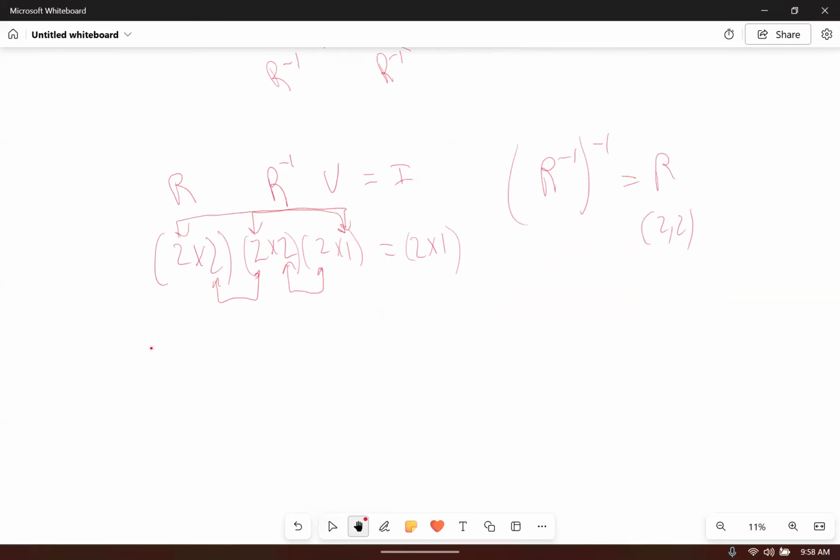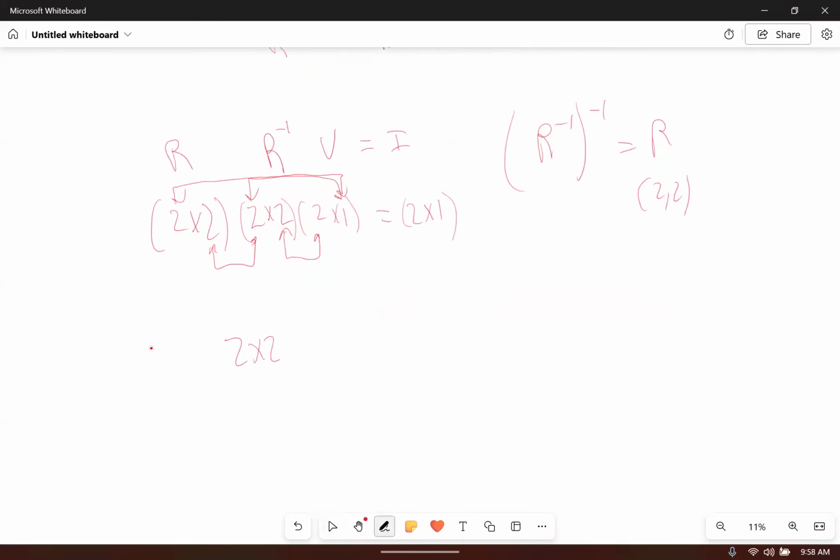Let's go back and check and see if I did it the other way. So this is my R inverse matrix. This is my voltage matrix. What happens if I multiplied by my R matrix over here? Any problem with that? What's the problem?